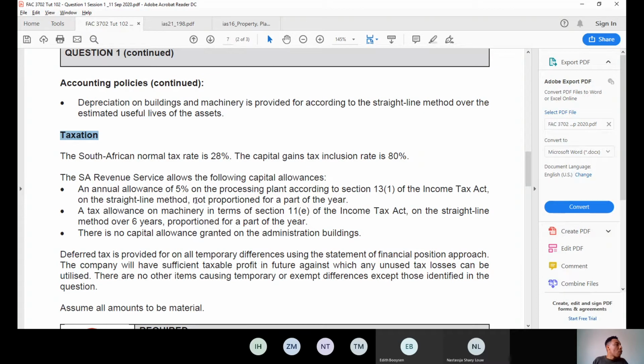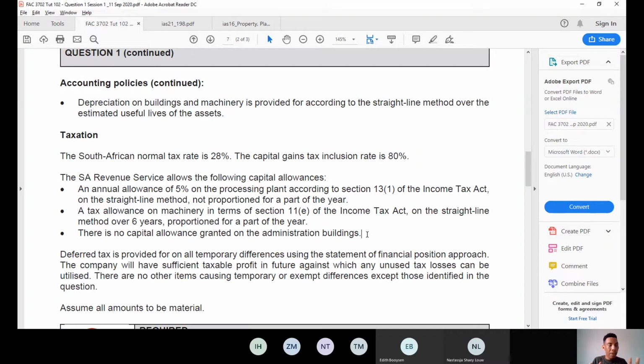What's very important is that there are no capital allowances granted on admin buildings. That has an impact on your deferred tax calculation, because if SARS does not grant me any allowances for admin buildings, then it means to me that there will never be deferred tax.